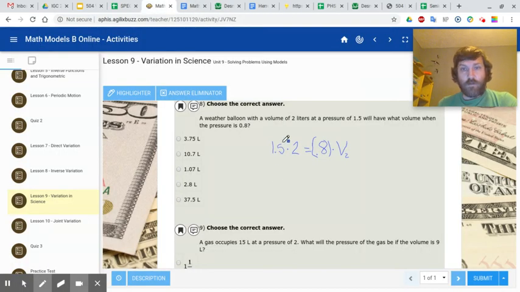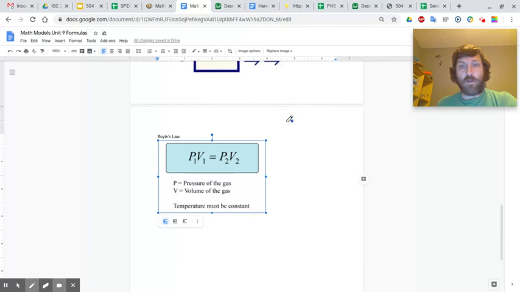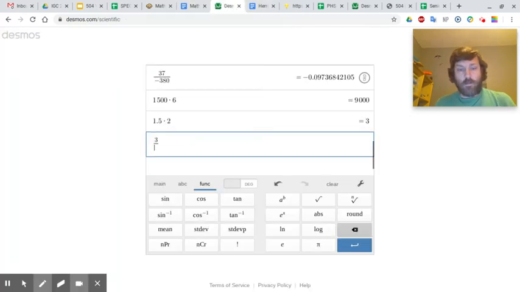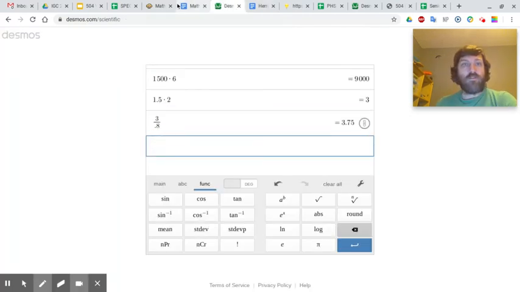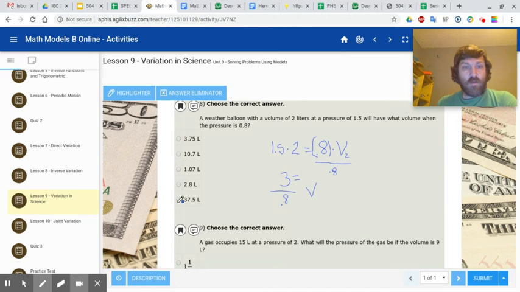So that's what goes here, 3, equals 0.8 times volume. So we divide by 0.8 on both sides of the equation, and that's going to give me the volume. So 3 divided by 0.8, 3.75. Let's see if that's there. And there it is, 3.75.